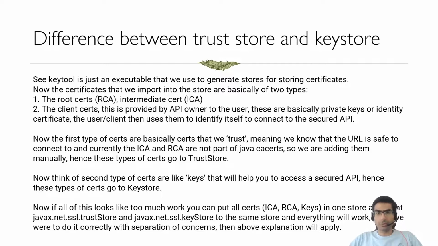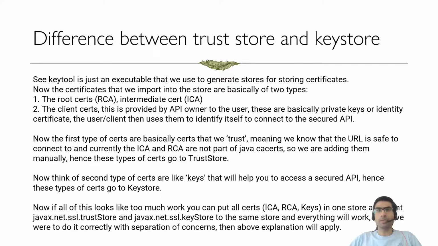If all of this looks a lot of work, you can always import them in one store and point the system properties to the same store, and everything will work. But if we were to do it correctly with separation of concerns in mind, then this approach will apply. You can also store the certs into CA certs.